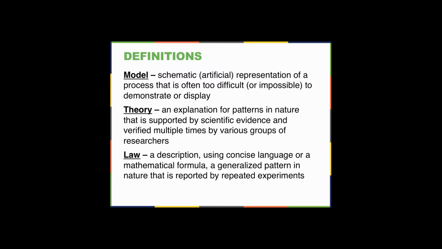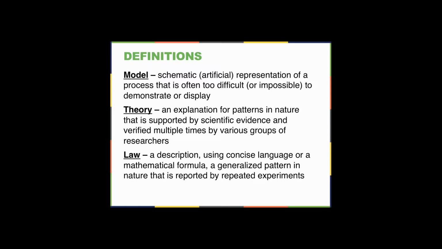Now, on the other hand, a law is a concise description, generally and many times using mathematical formulas, for a pattern in nature that has been shown in repeated experiments. So, for example, the law of gravity has been shown to occur over and over again.